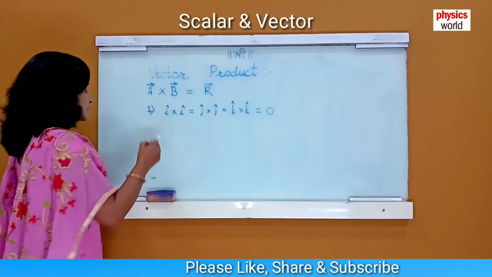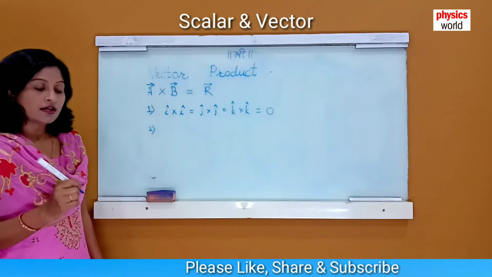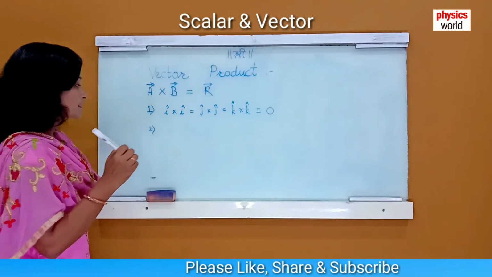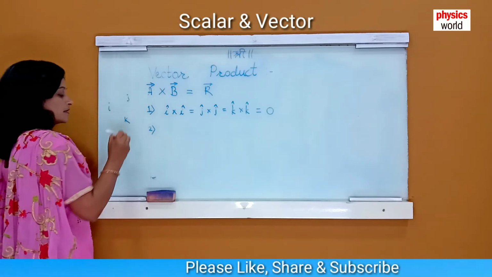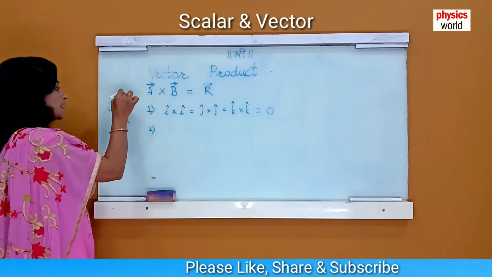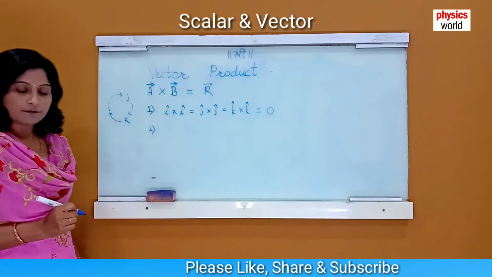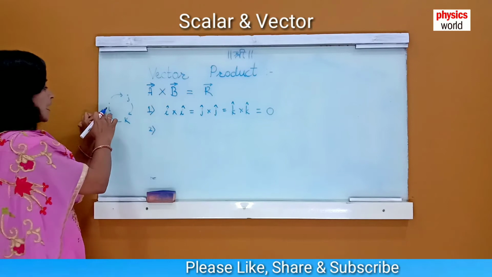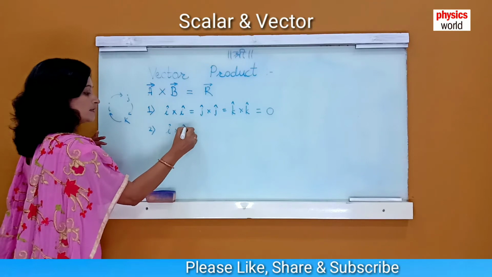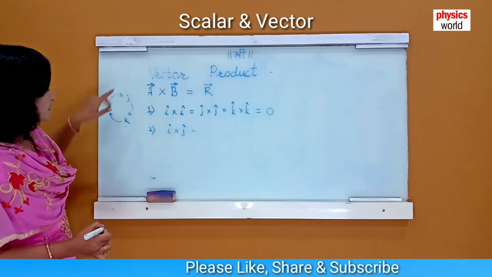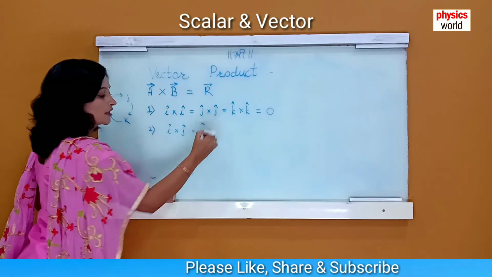Okay. Second characteristic. So how to take the multiplication? Always remember one circle. i, after that j, and after that k. From i to j, j to k, and k to i. Okay, make it in the rough. Then if i is to be multiplied with j, i cross j, the product will be the remaining third component, k.